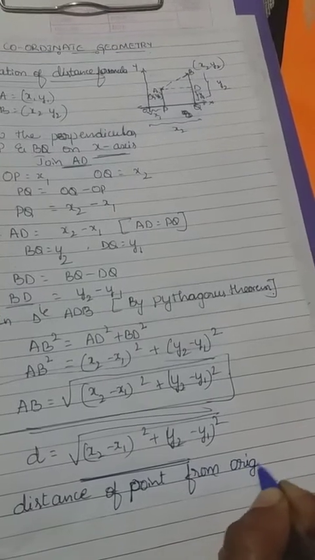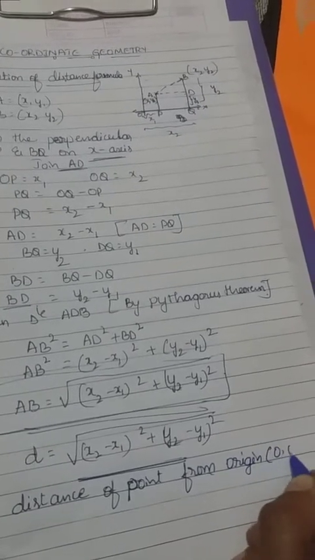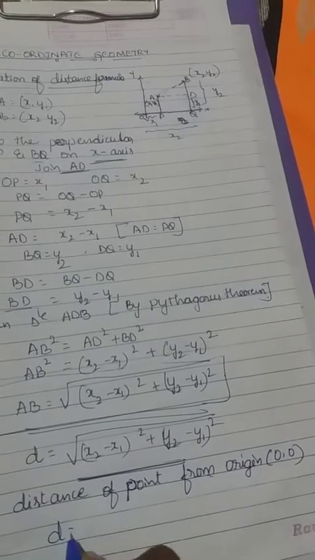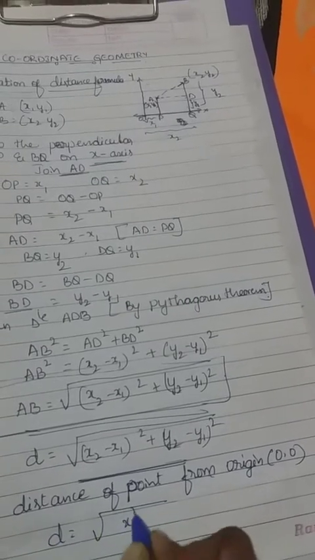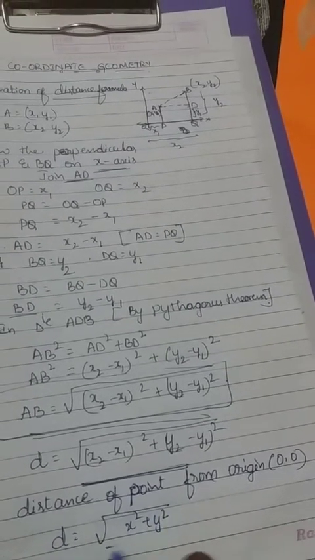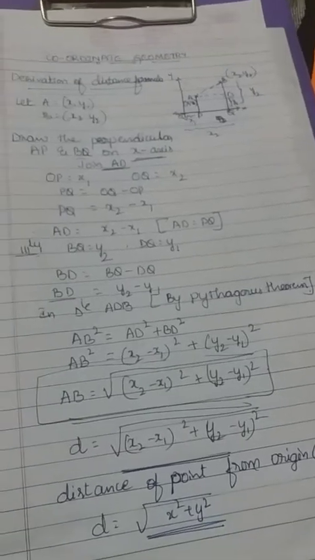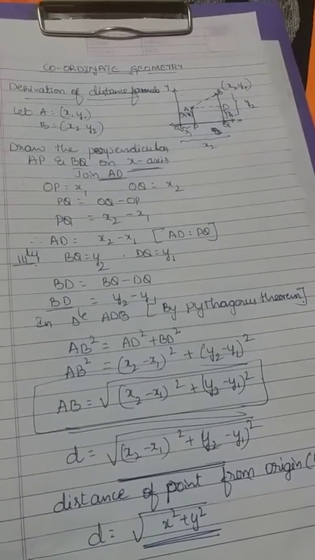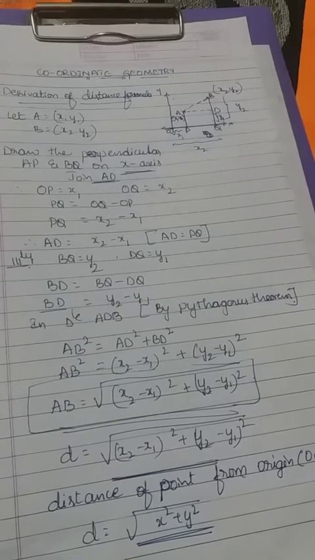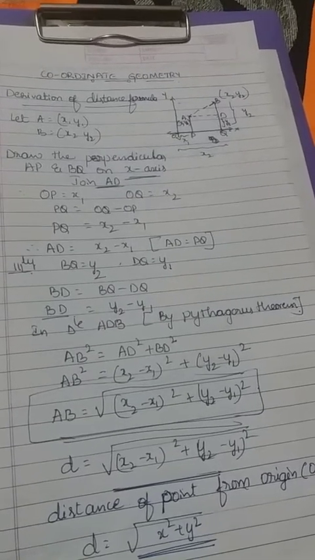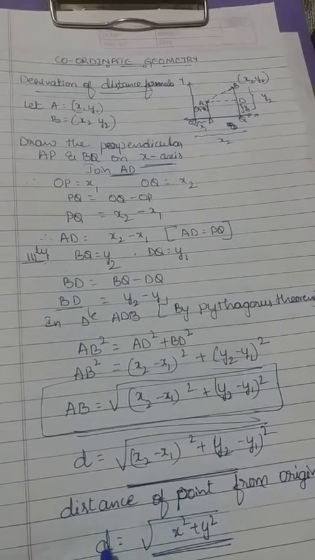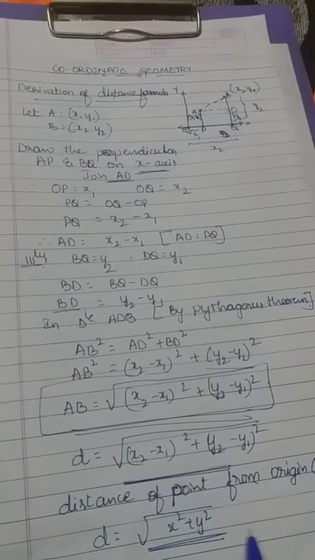Origin in the sense the coordinates will be 0 0. D equals the square root of x square plus y square. That's all, because there is no x1 and no y1, so for that sake it should be only D equals the square root of x square plus y square.